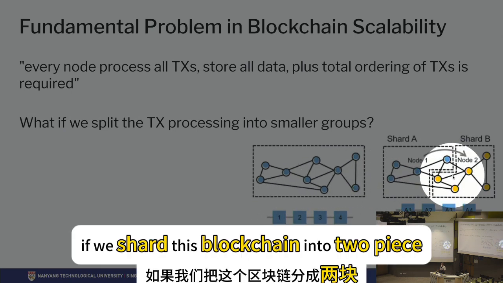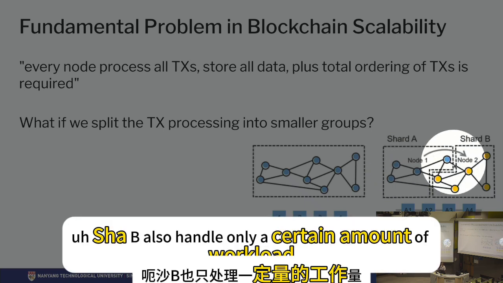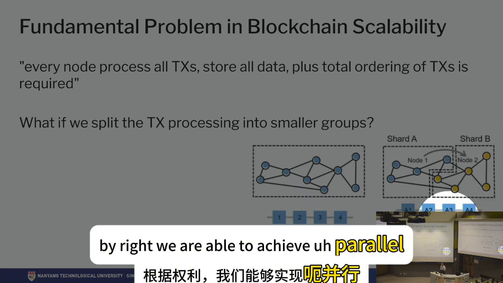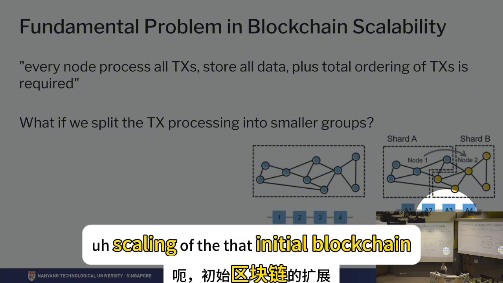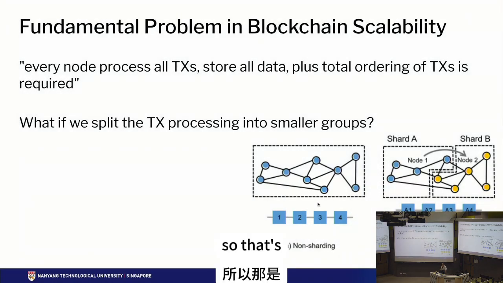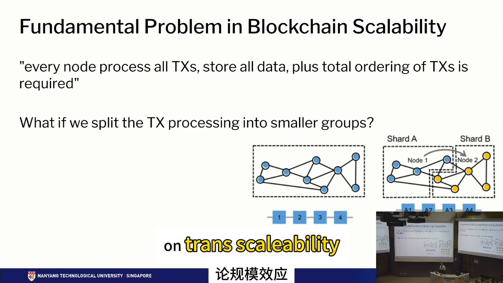If we shard this blockchain into two pieces, and shard A only handles a certain amount of workload, shard B also handles only a certain amount of workload, by right, we are able to achieve parallel computation in terms of the scaling of that initial blockchain. So that's definitely the fundamental idea of sharding for on-chain scalability.